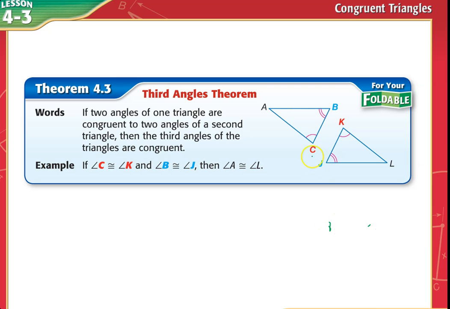So these two will add up to the same sum as these two, since they're both congruent to each other there. So that would mean that this angle here has to be congruent to that one, because they both add up to 180 degrees.